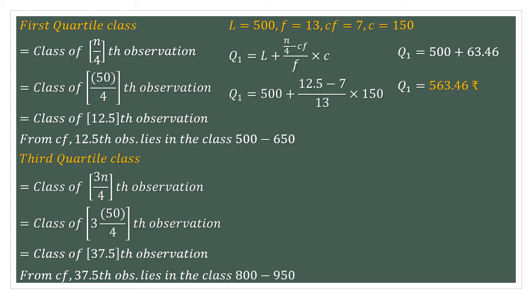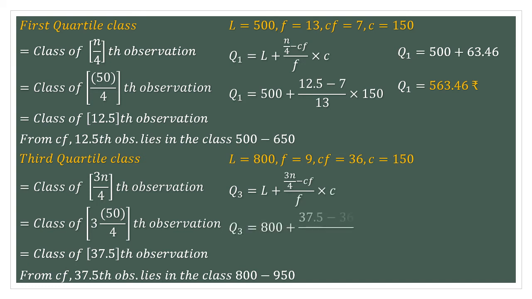So the lower limit will be 800, the frequency is 9, the cumulative frequency is 36, and the class length is 150. Putting it in the equation of Q3, we get 800 plus (37.5 minus 36) upon 9, into 150. When we solve this, we get 800 plus 25 exactly. Very good. So our third quartile will be 825 rupees.